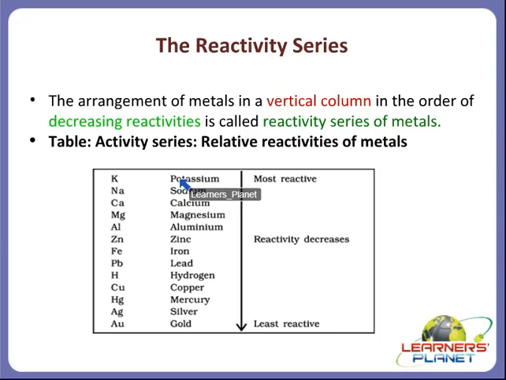How are they arranged, children? Potassium, sodium, calcium, magnesium, aluminium, zinc, iron, lead, hydrogen, copper, mercury, silver and gold. So which is the most reactive? Potassium. Then is your sodium.